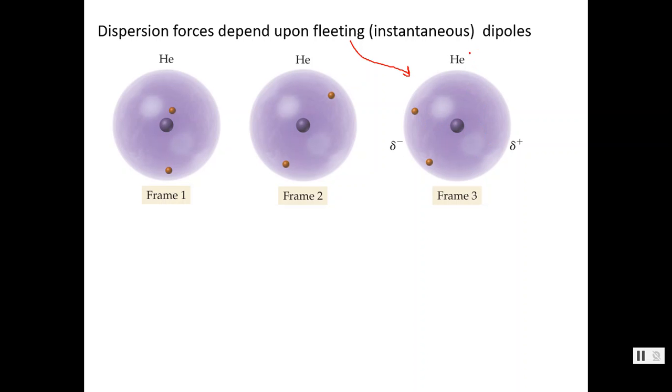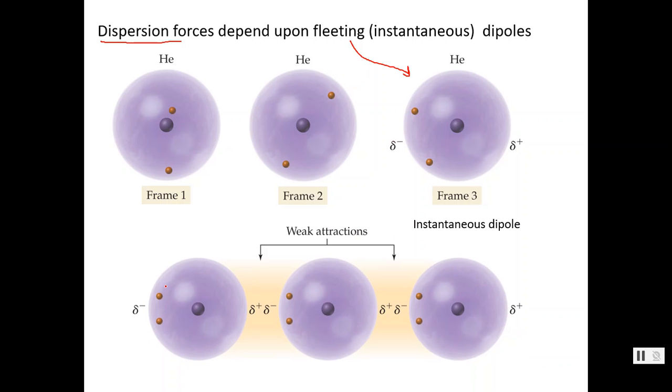Now that dipole will be temporary, it will be fleeting because the electrons are going to be moving around. But that instantaneous dipole is important because it's that instantaneous dipole that generates the dispersion force. Because you can also imagine with this instantaneous dipole, if I have a frame like that for a helium atom, that can generate these weak attractions or these dispersion forces in between helium atoms.